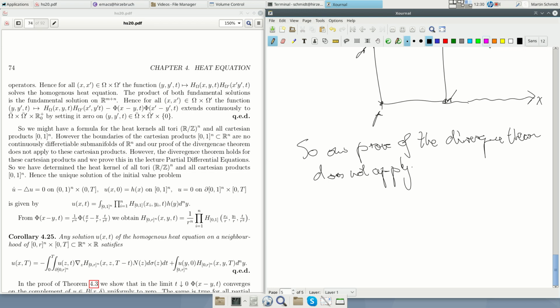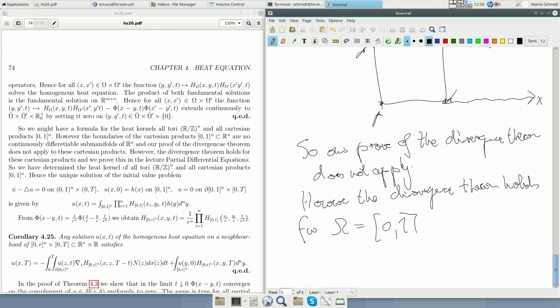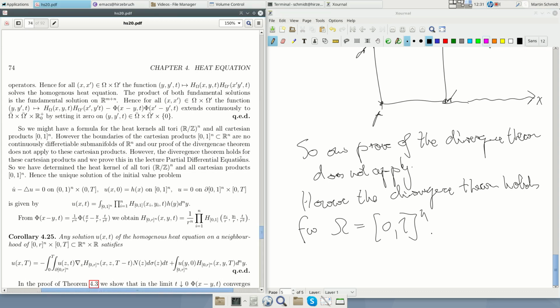But one can, however, show that the divergence theorem holds for these domains, for omega, or more generally for Cartesian products of intervals. A proof is given in the lecture on partial differential equations.